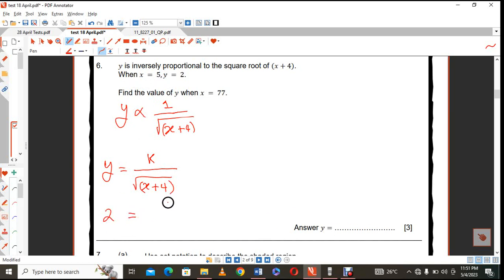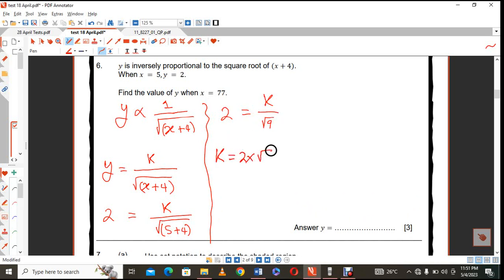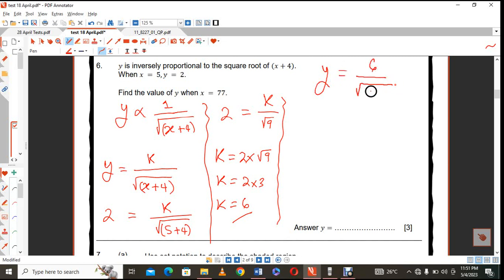So 2 equals k over the square root of 5 plus 4. Well, 5 plus 4 is 9. So I have 2 equals k over the square root of 9. So k is going to be 2 times the square root of 9, which is 2 times 3. In this particular case, k is equal to 6. So my equation now is y equals 6 over the square root of x plus 4.